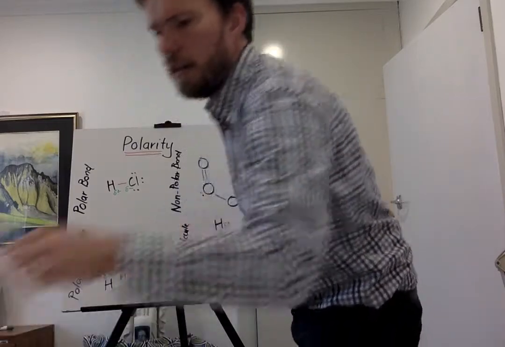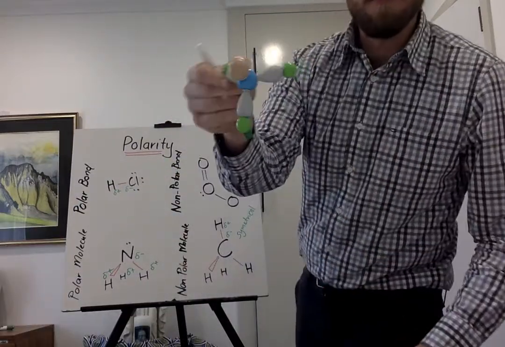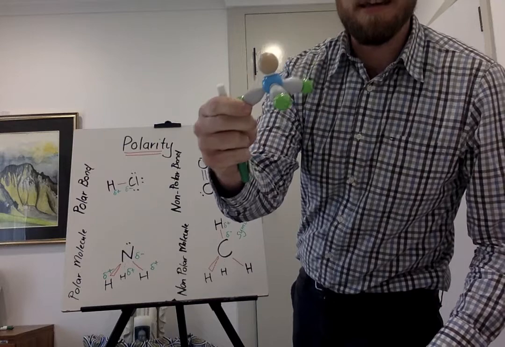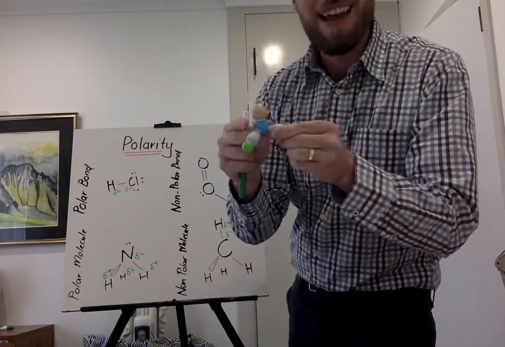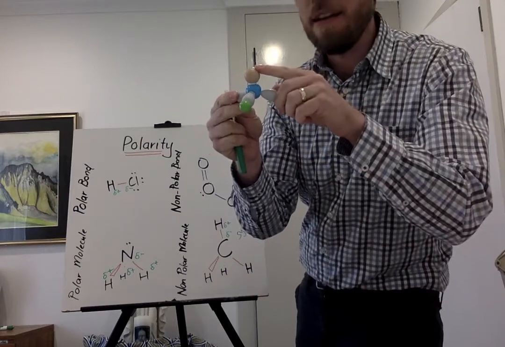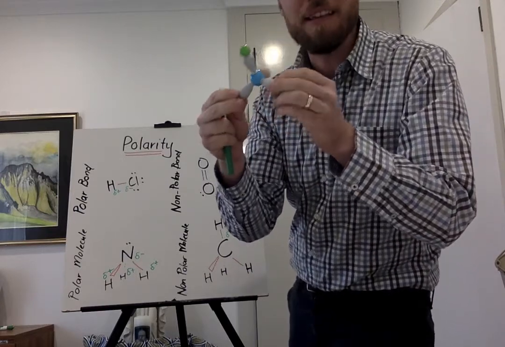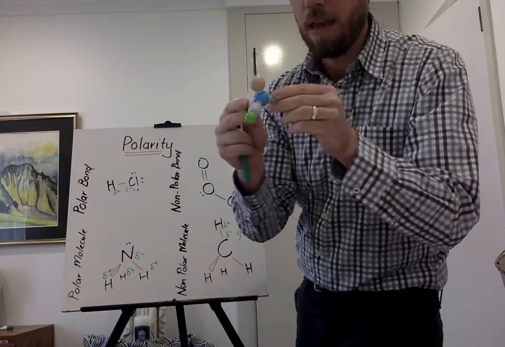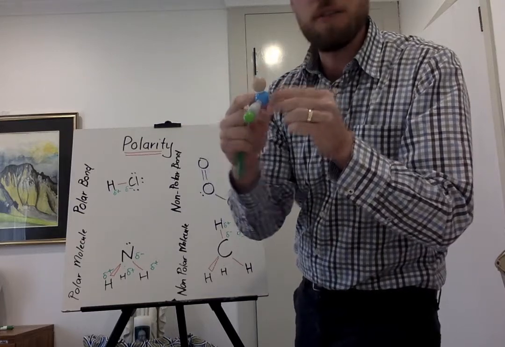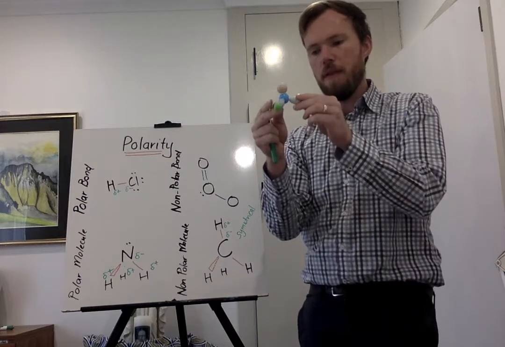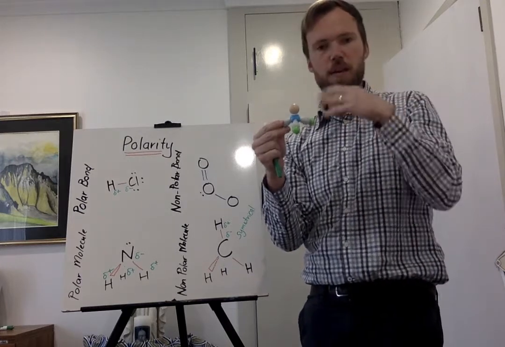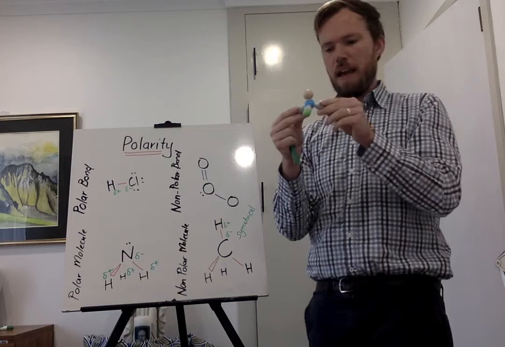If we have a look at our ammonia molecule, we can see that it's not symmetrical in the same way. Our nitrogen has a negative dipole, and we can see that from the outside we can access that.